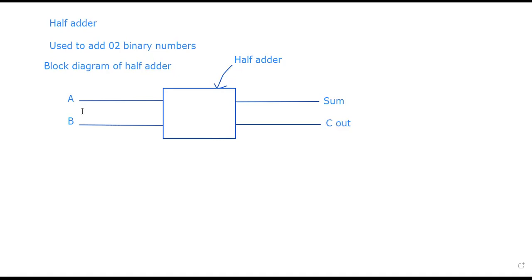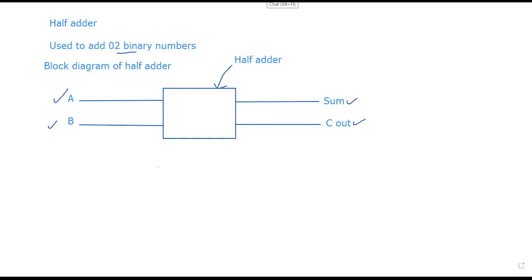Here the half adder adds two single binary digits, which are represented as A and B. It is used to add two binary numbers, and it has two outputs, sum and carry.